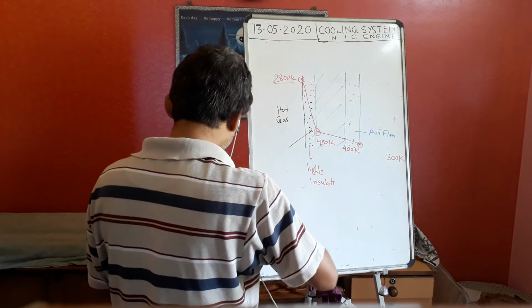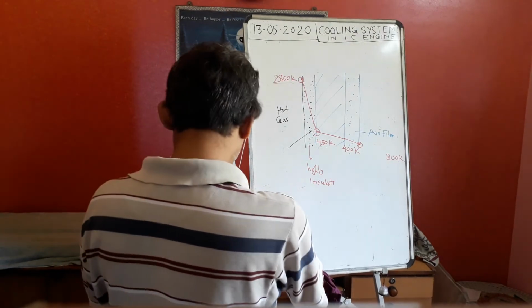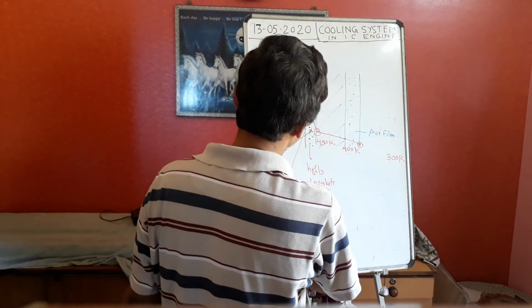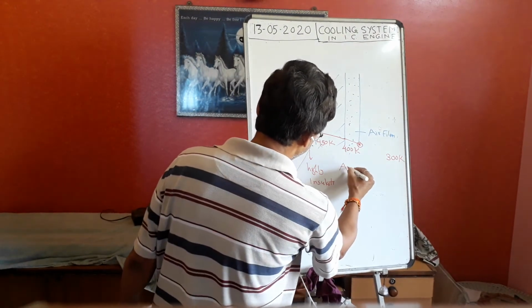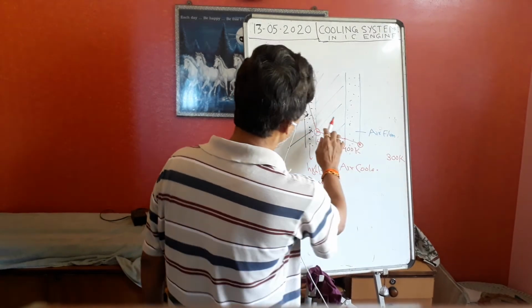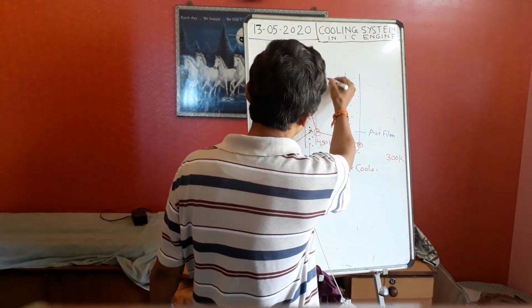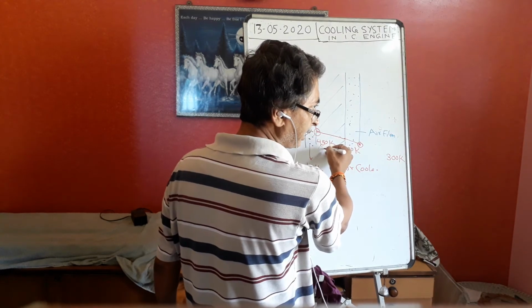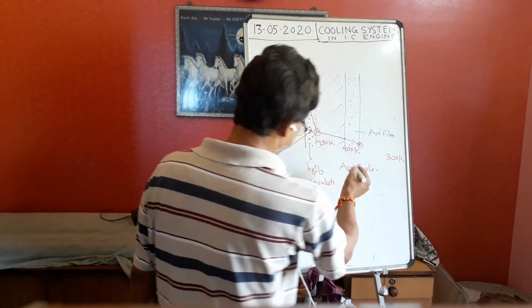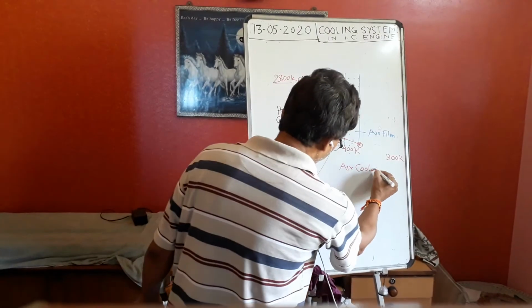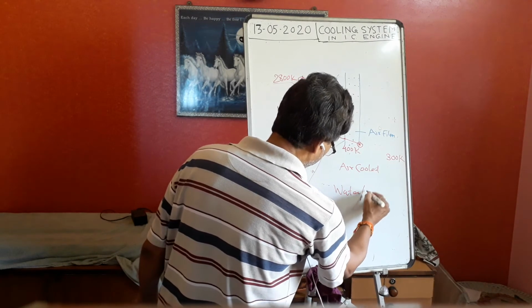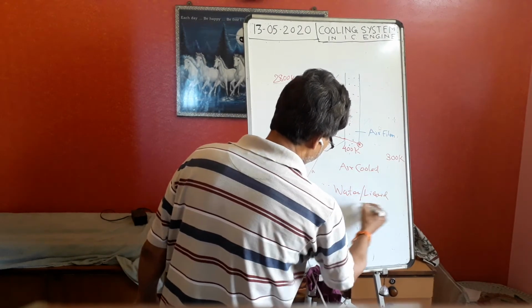Now, in the case of heat transfer, we understand what will happen if it is water cooled or air cooled. I have mentioned that in the case of water cooled there is another thing inside, the water film, and the air film is there too. So air cooled and water or liquid cooled are two systems.